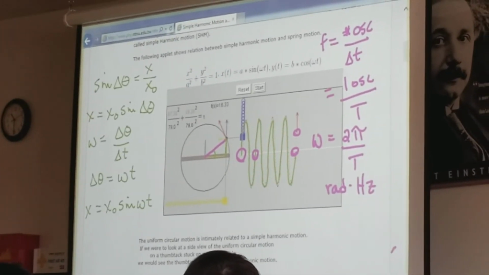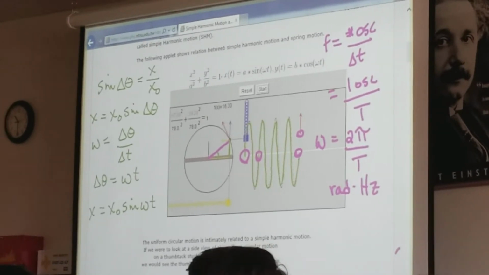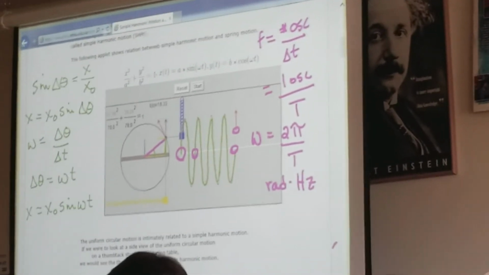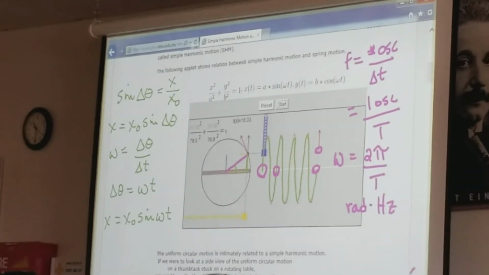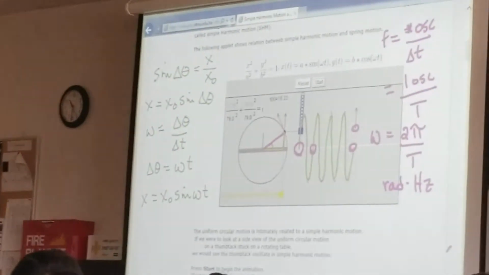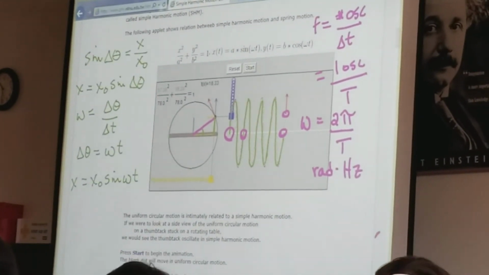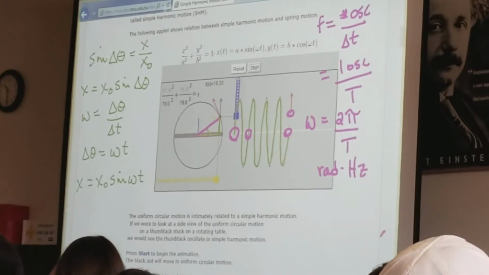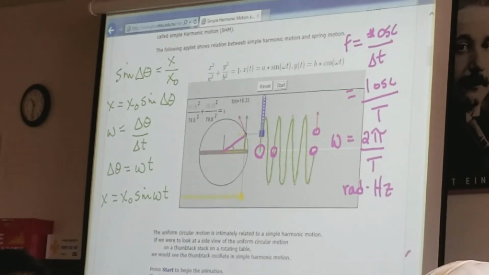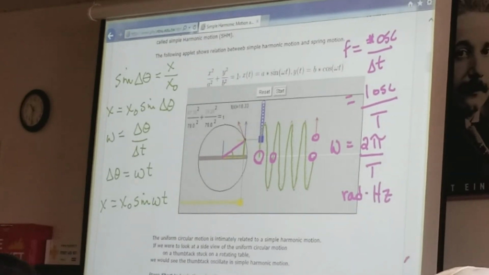Colin, you got a question? Is there a symbol for angular frequency? Yeah, the same one as angular velocity. We still use the omega. They're both radians per second. A radian hertz is a radian per second. Okay? Everybody good? More or less? Is that helping any, Lacey?